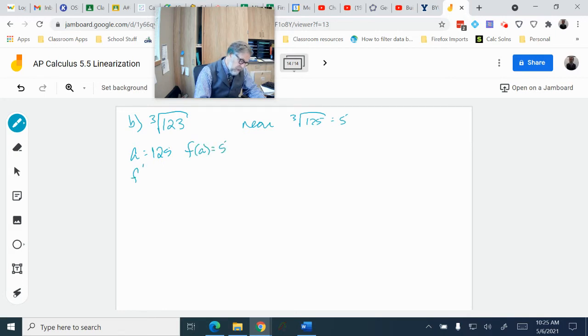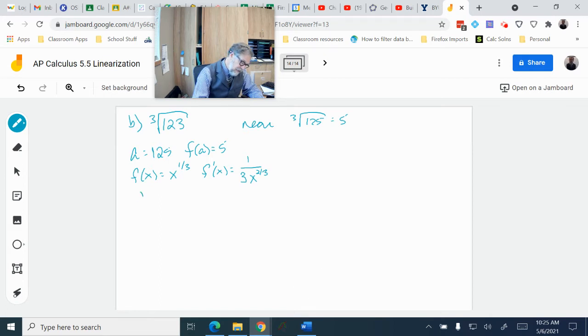The derivative, well, let's define my function first. F of x equals the cube root of x, which means that the derivative is equal to 1 over 3x to the 2/3. And we'll fiddle around with that in a minute here.